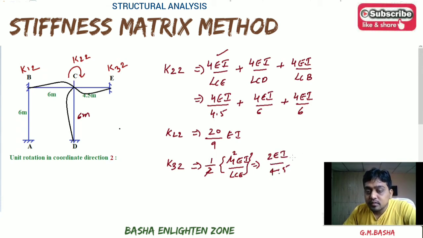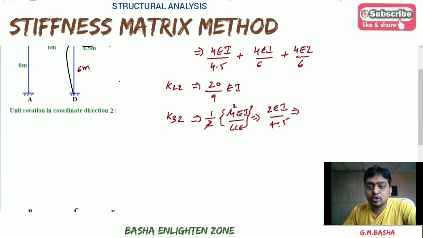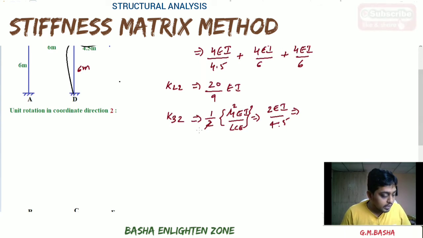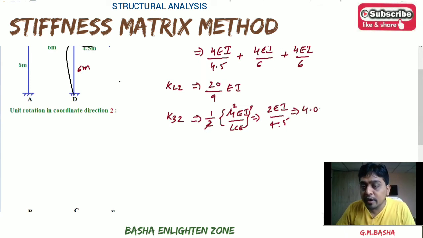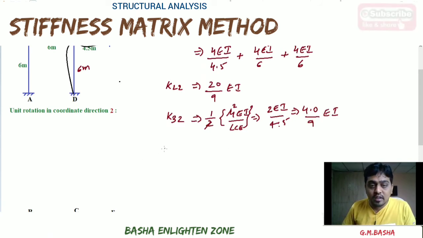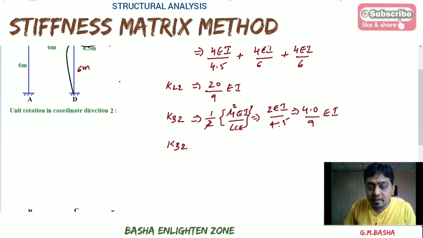Again, if you simplify that, how much will you get? K32 and K23 will be equal to 4 by 9 EI, means 4 EI by 9. So whatever moment is obtained here, that is K32, will be equal to K23 also. So both are 4 by 9 EI only.